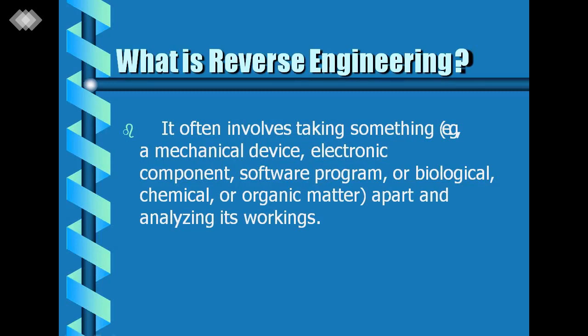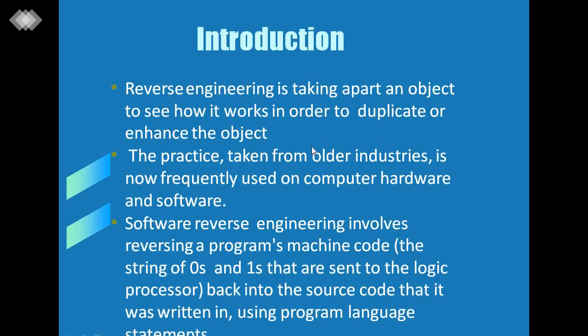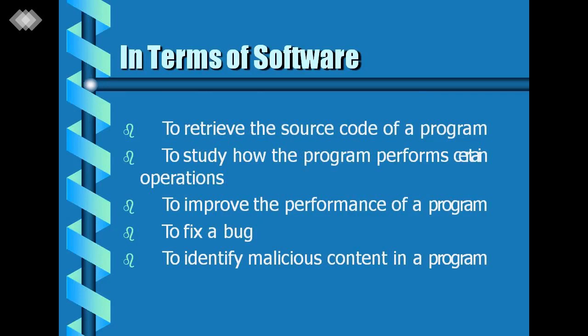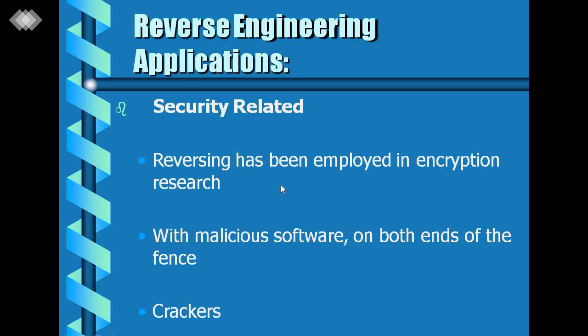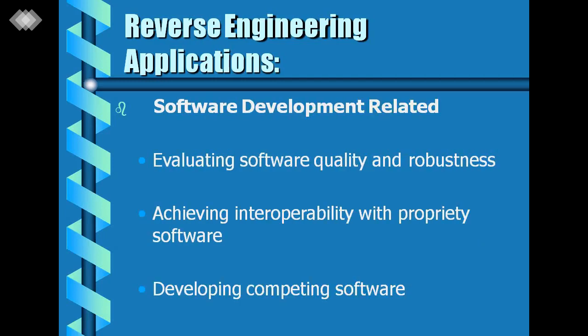In the next slide we covered the introduction to reverse engineering, and then reverse engineering in terms of software. Next we covered some applications of reverse engineering, like security related and software development related.